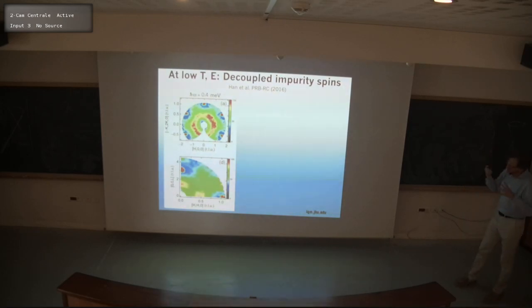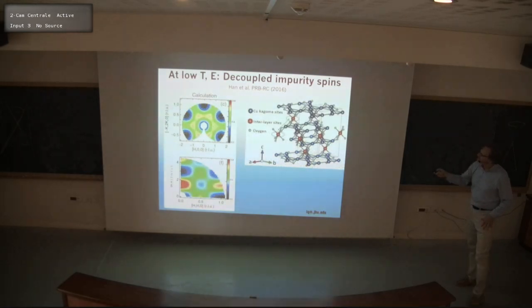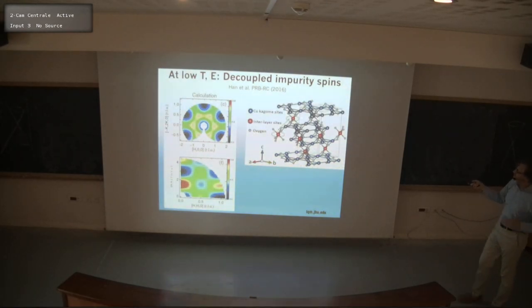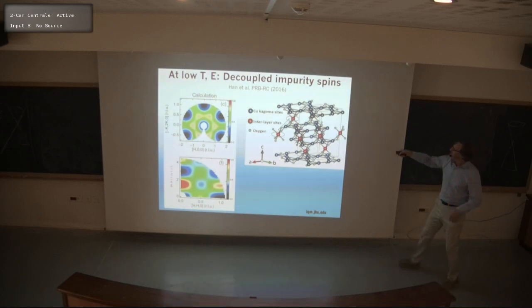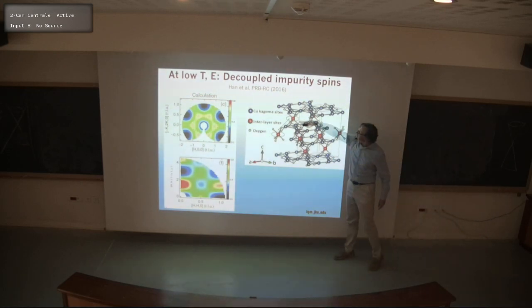To pin that down more, we did a modeling exercise. If you calculate the momentum dependence of the singlet to triplet excitation involving just a pair of spins on neighboring interlayers, this is the layer that was supposed to be non-magnetic. There's the Kagome layer, and then there's another layer supposed to be non-magnetic.